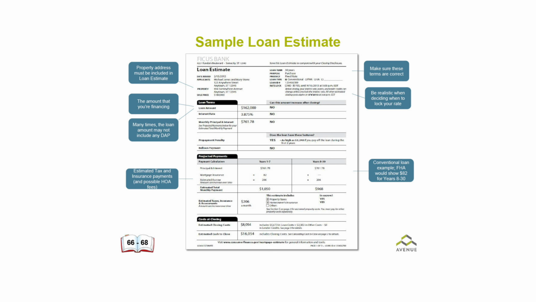Your monthly principal and interest payment is calculated there, and many times the loan amount may not include any down payment assistance. That's important to know, because if you are qualifying for down payment assistance, it may not be included there. And then the estimated taxes and insurance.